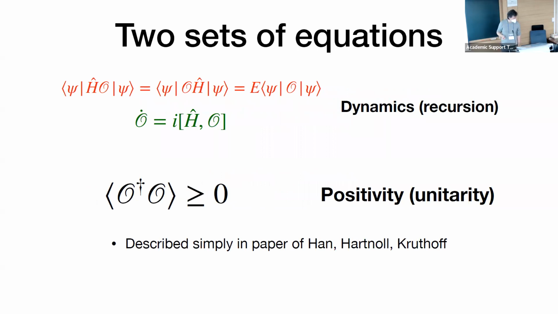Okay. So there are two sets of equations that we're using. One of them is these eigenvalue equations, which is the dynamics, right? You need to know the Hamiltonian. This produces recursion. And then you need the expectation value of O dagger O to be greater than or equal to 0, which is this general positivity constraint.